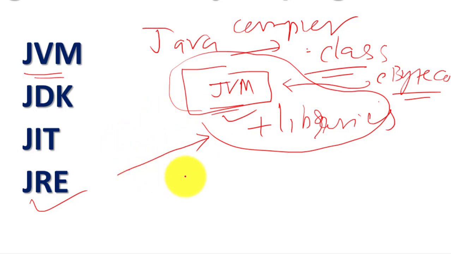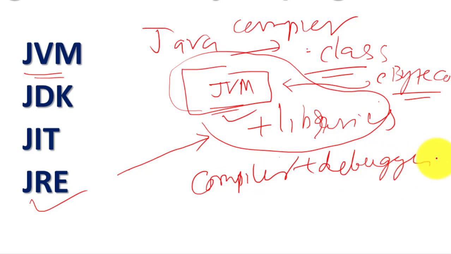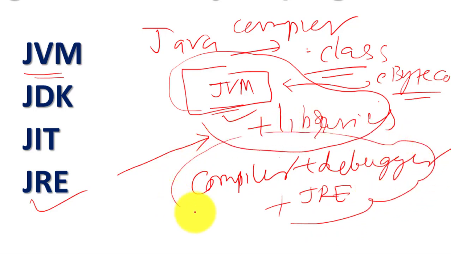Now if you want to develop a program, for that you need a compiler also, you need a debugger also, and you need JRE also. So if you're a developer, then you need these many things. There are a lot many extra things also.